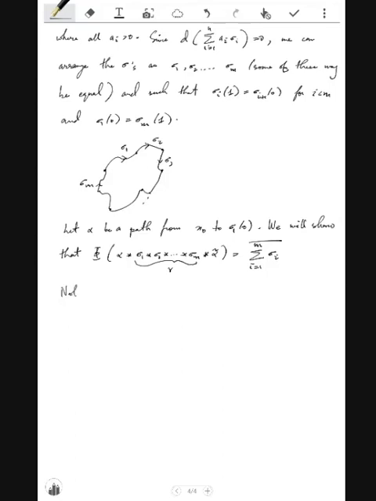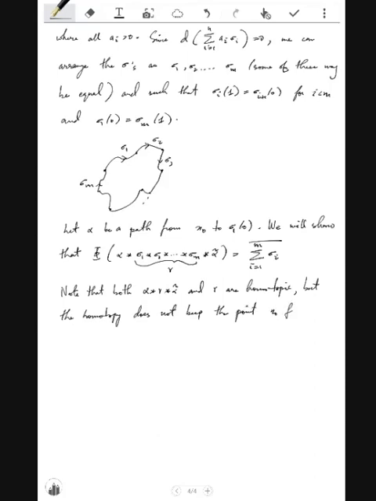Note that both alpha star gamma star alpha tilde and gamma are homotopic. But the homotopy does not keep the point x naught fixed.